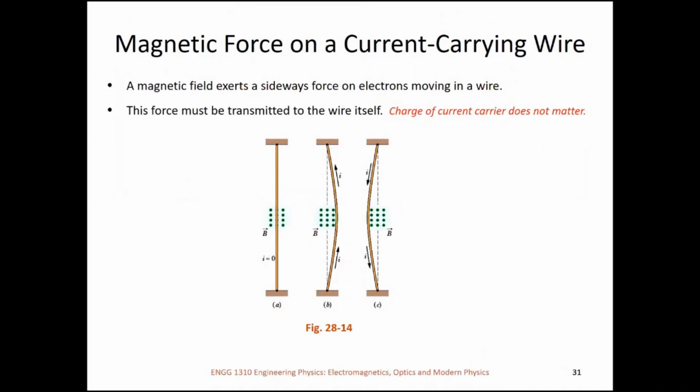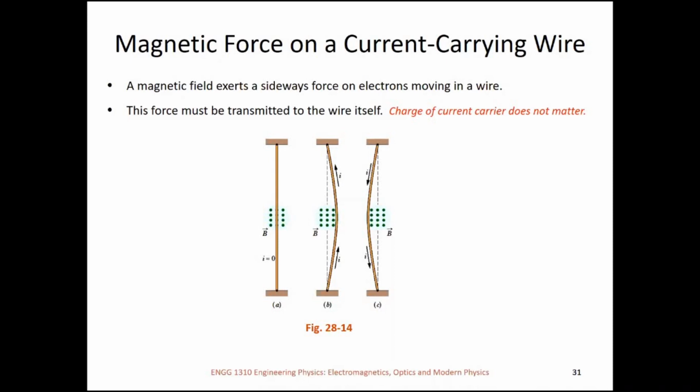The magnetic field can have force on the electrons. It can also have force on electrons moving in the wire, and not only can it make the Hall effect, where on the two sides one side has a higher potential than the other, it can also have force on the wire itself.